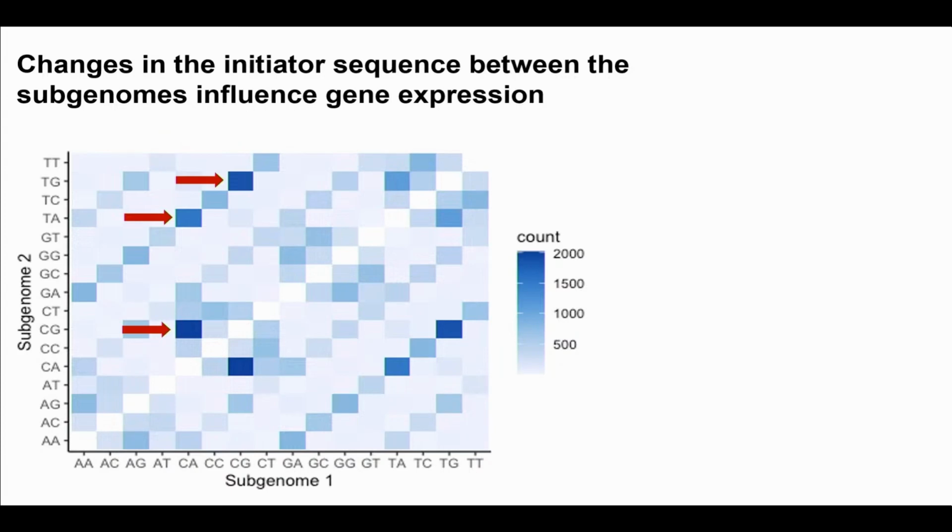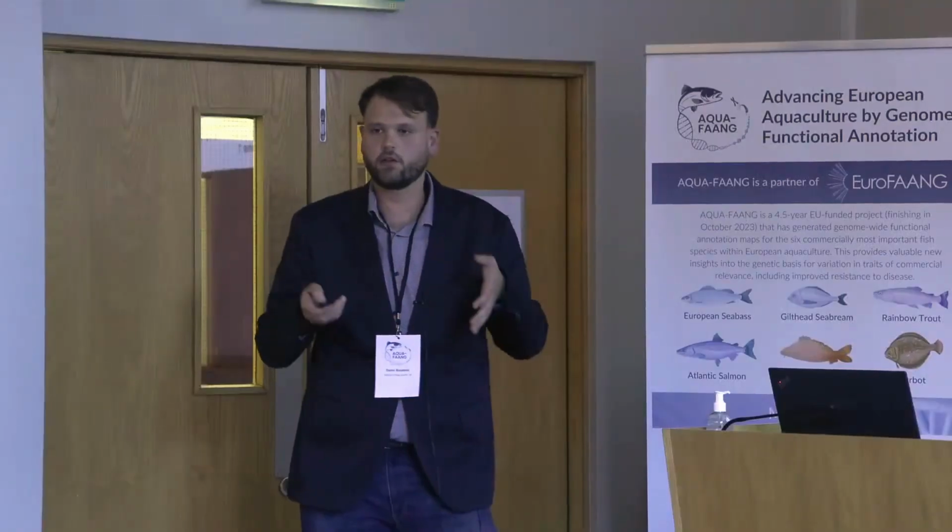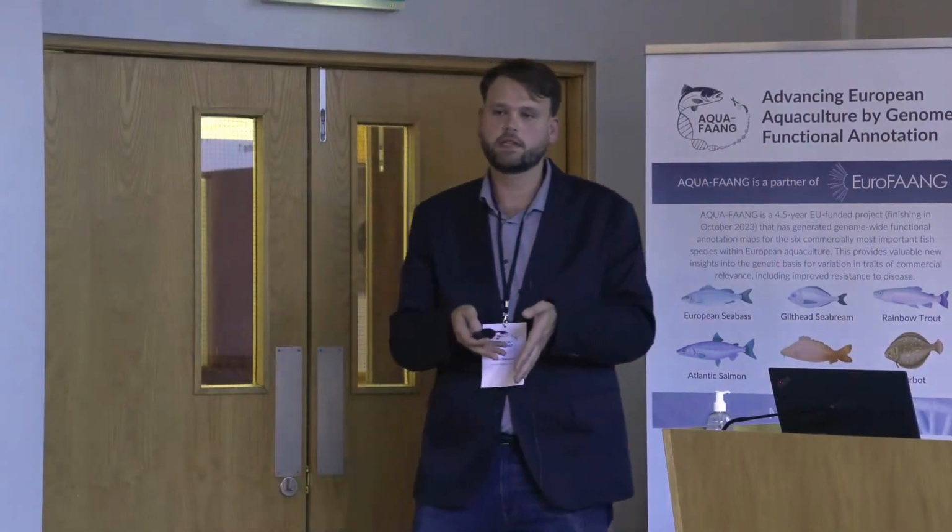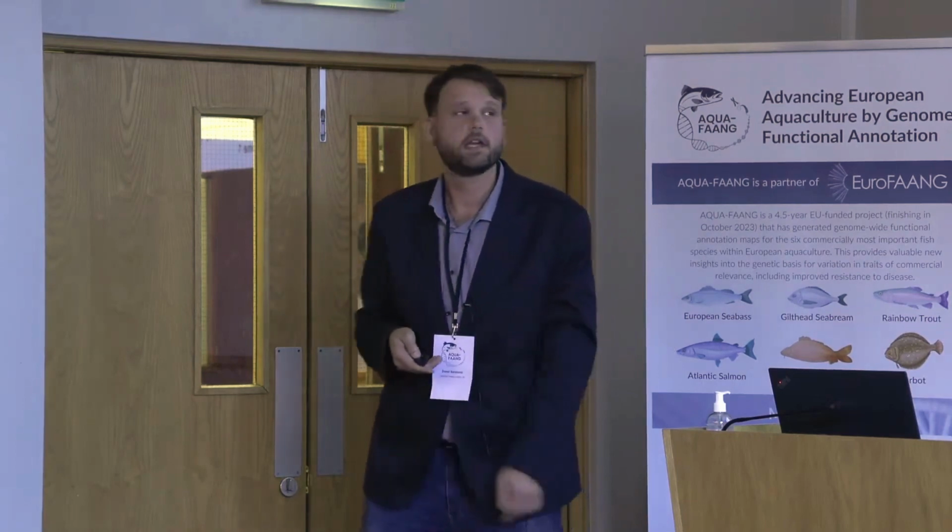And what we can see basically is that most of the changes between the two occur from the canonical initiator to another canonical initiator, meaning that they practically want to maintain their expression level, and there is a pressure on maintaining the canonical initiator.